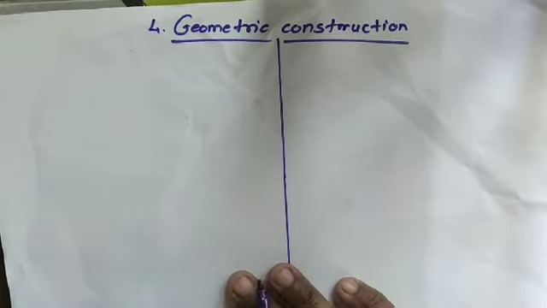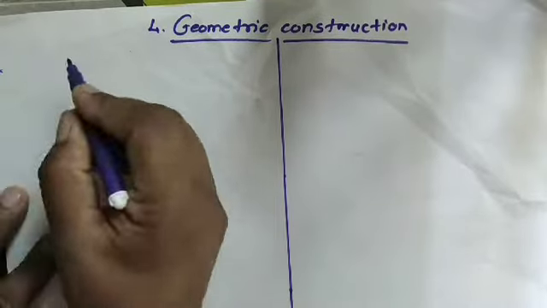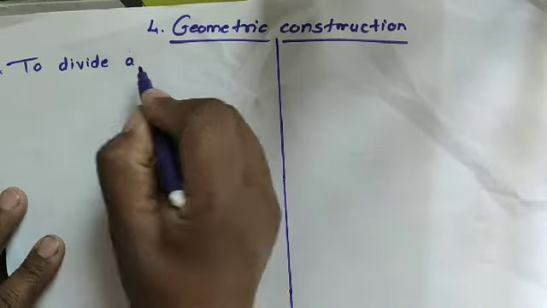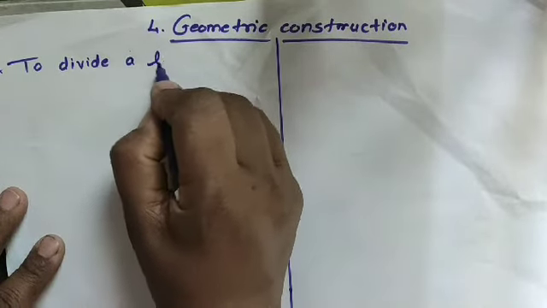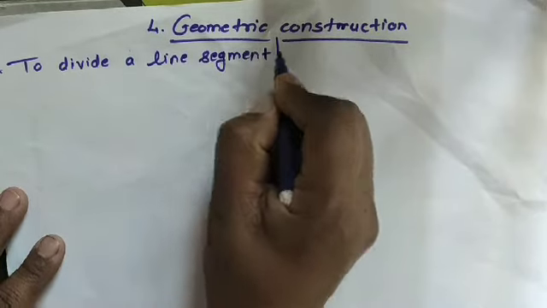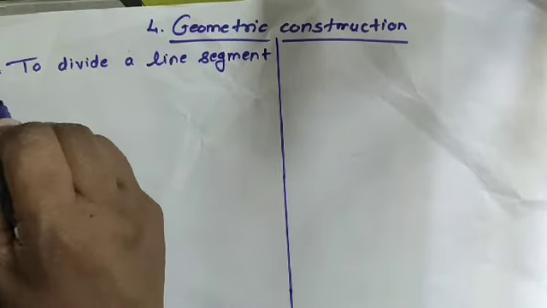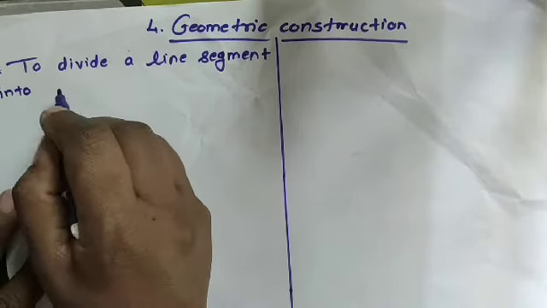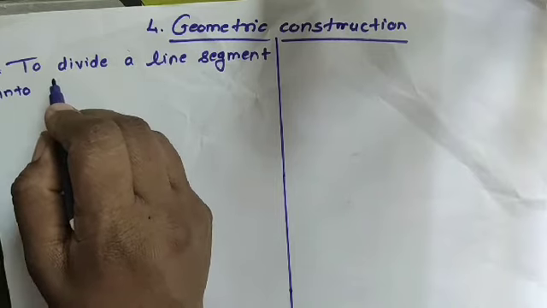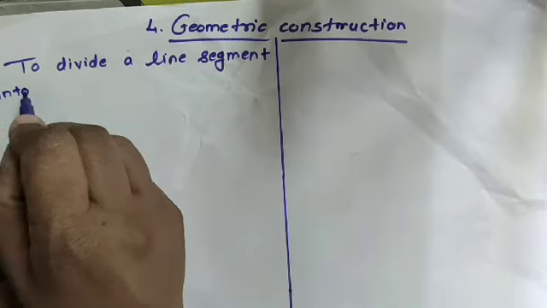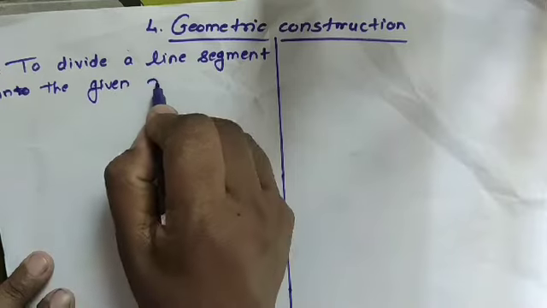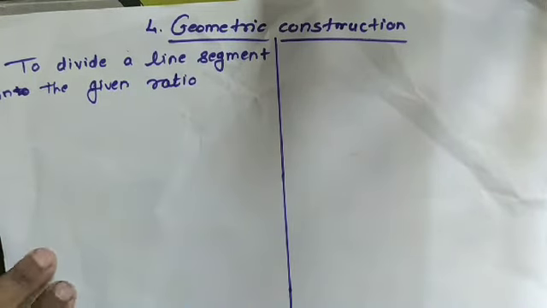So here, to divide a line segment into a given number of line segments in the given ratio.